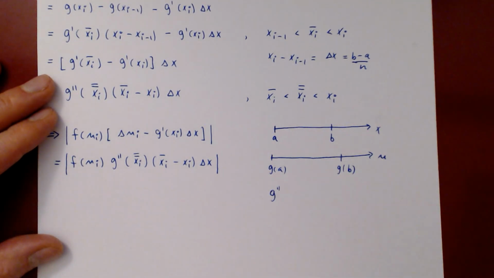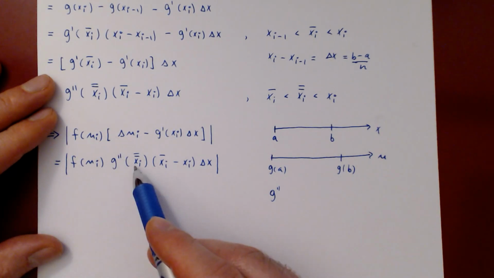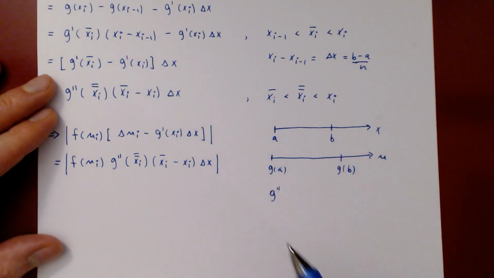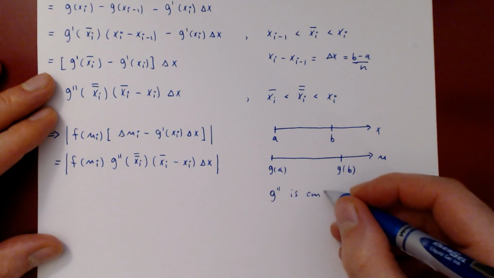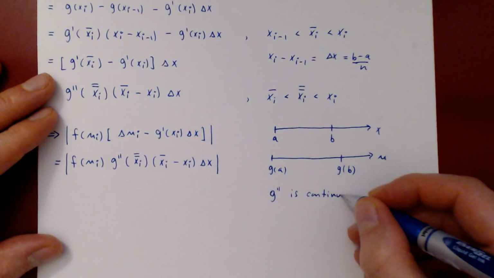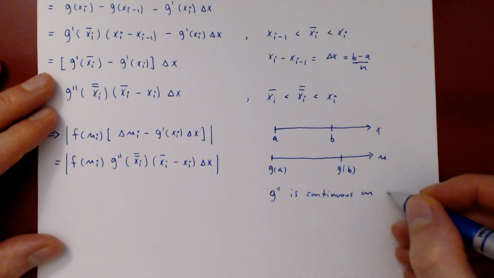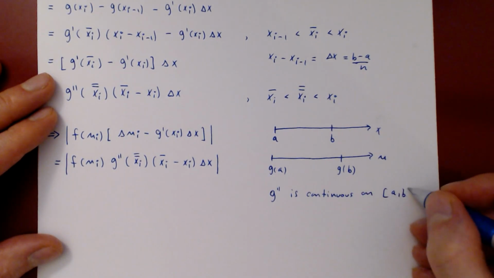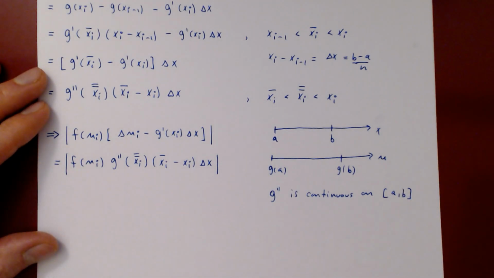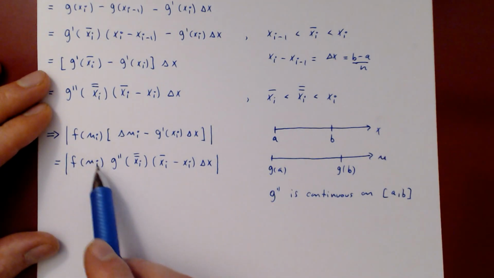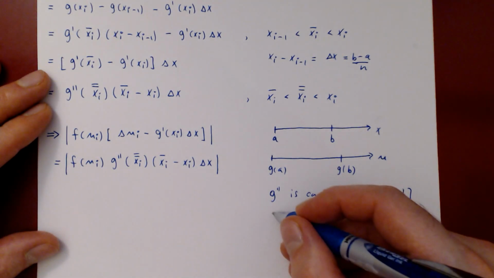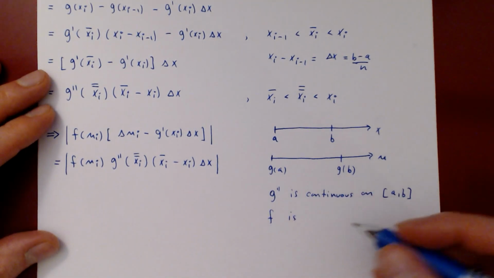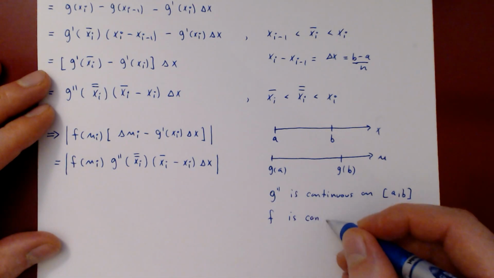Since we are evaluating the second derivative of g at some point between a and b, we assume g double prime is continuous on the interval from a to b. Then we are evaluating f at some point inside the interval from g of a to g of b, so we will assume that f is continuous on this second interval.